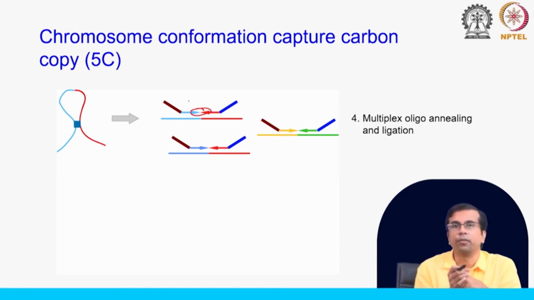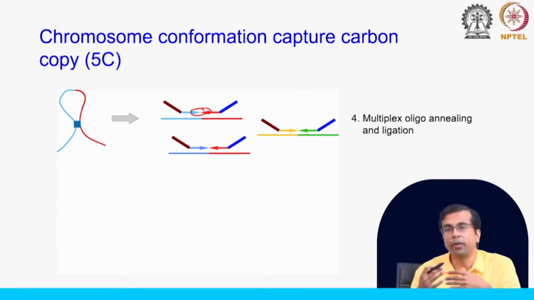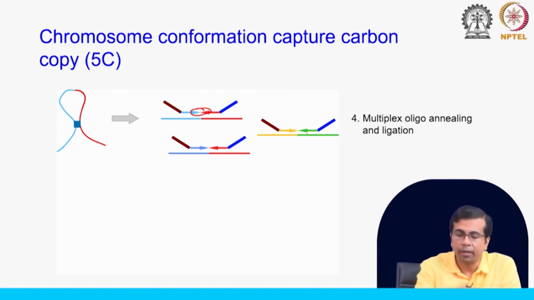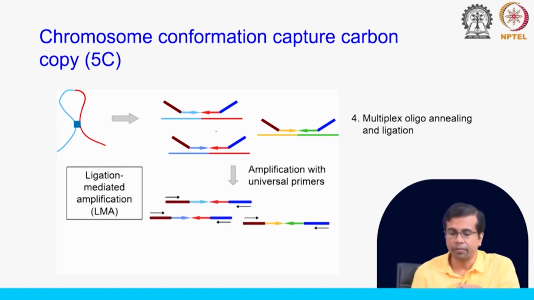Because these are multiplex oligos, they contain a combination of different oligos that can bind to different genomic regions, and so they will anneal based on their complementarity to different genomic segments, and they will also ligate. They are designed in such a way that they will ligate with each other. Once they ligate, you can then amplify with universal primers.